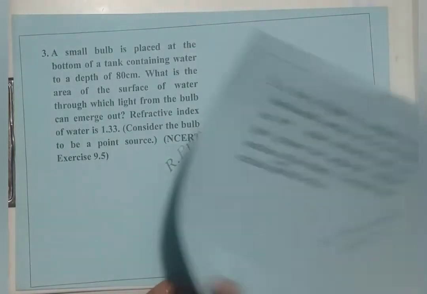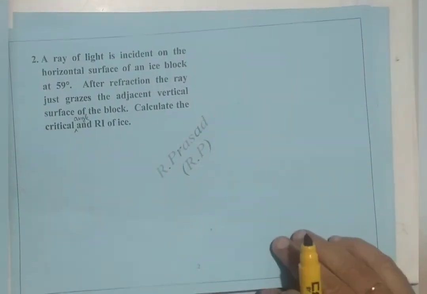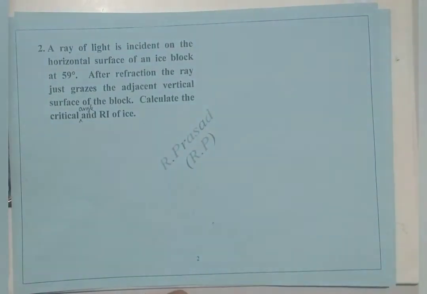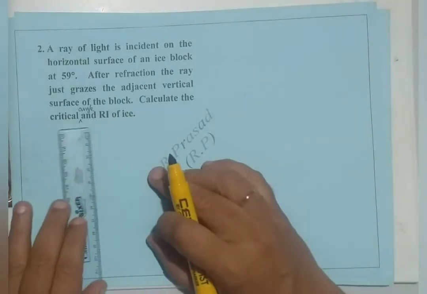Going for the second problem, we read: a ray of light is incident on the horizontal surface of an ice block at 59 degrees. After refraction, the ray just grazes the adjacent vertical surface of the block. Calculate the critical angle and refractive index. For this, we need to draw a figure.